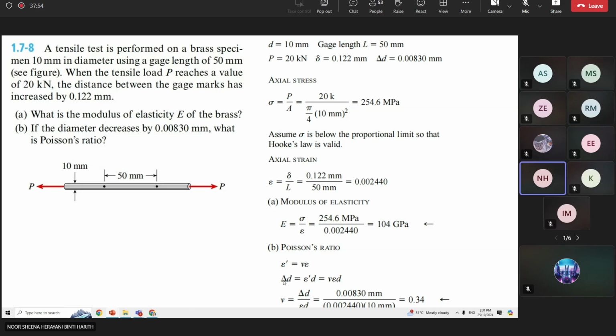The delta value is the shortening, 0.083, divided by epsilon times d.